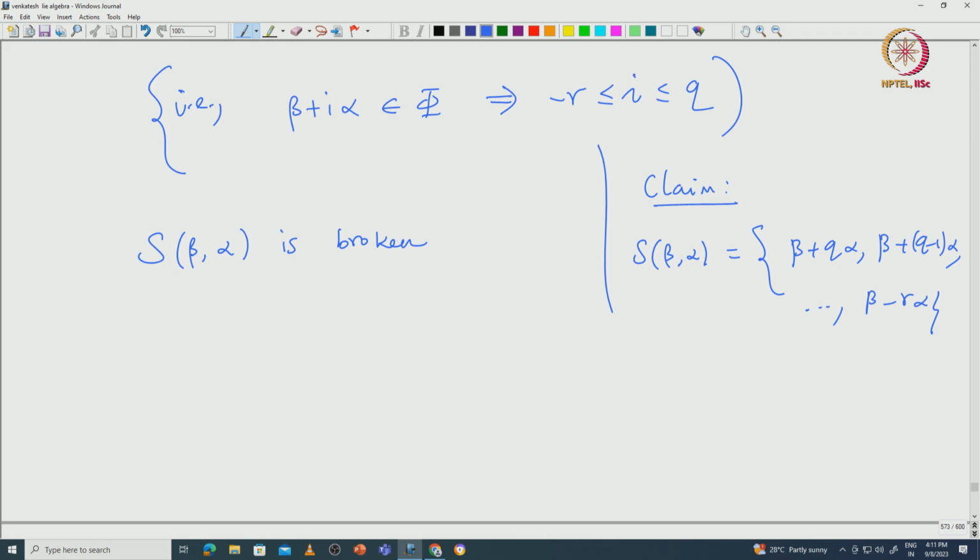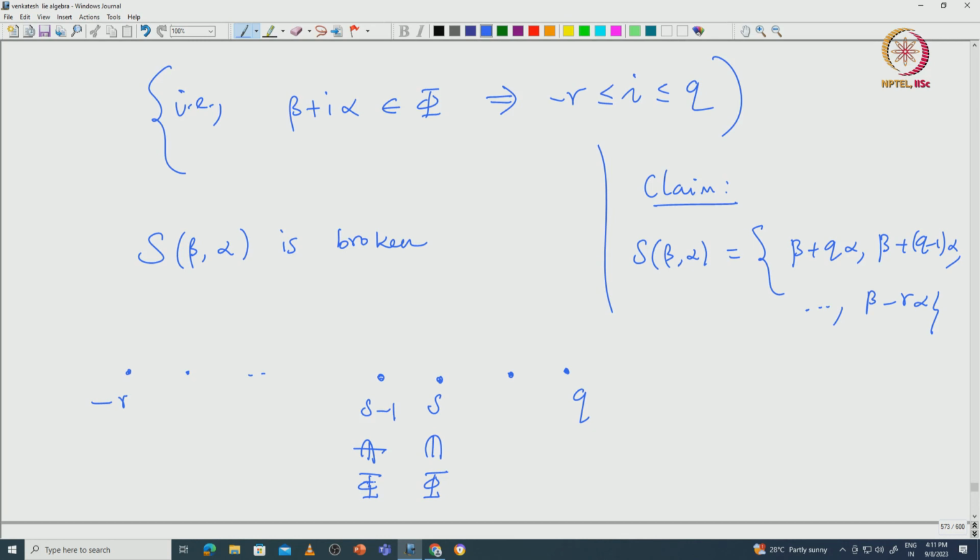If you read it from minus R all the way to plus Q, you will be able to find some s such that, going down from Q, Q minus 1 and so on, beta plus s alpha is in phi, but when you go down to s minus 1, that may not be in phi.